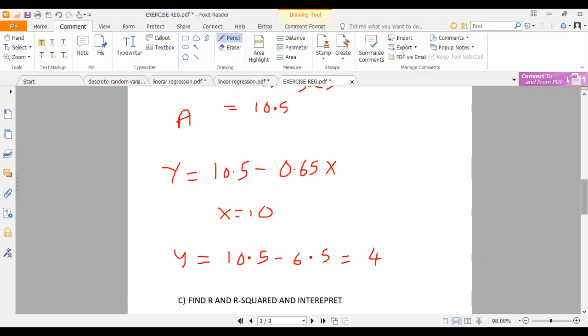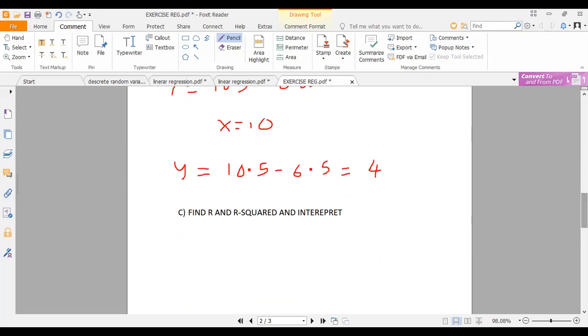Coefficient of correlation. Yes, good. So R is the coefficient of correlation. It is given by xy over the square root of xx times yy.